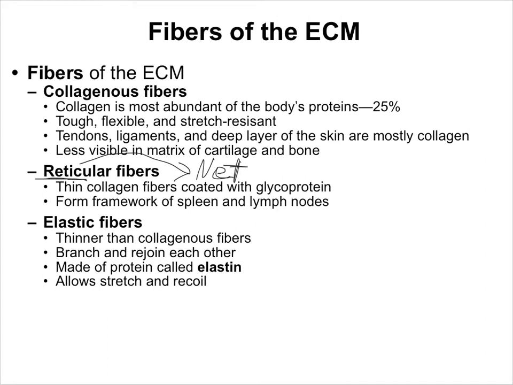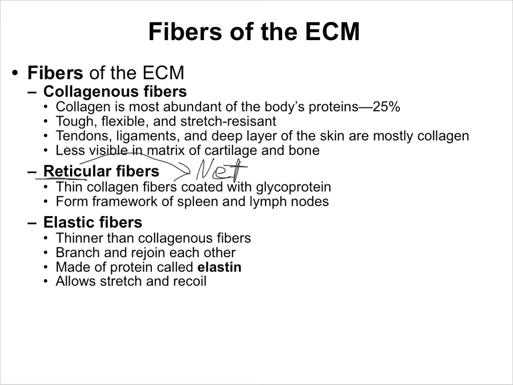These are going to be fibers that form lots and lots of connections with each other, and they have lots of handholds, lots of glycoprotein handholds that cells can hang off of. These often form scaffolds for cells that are less intended for strength, but more intended to provide meeting spaces for lots and lots of cells.